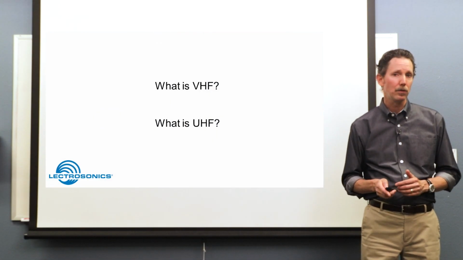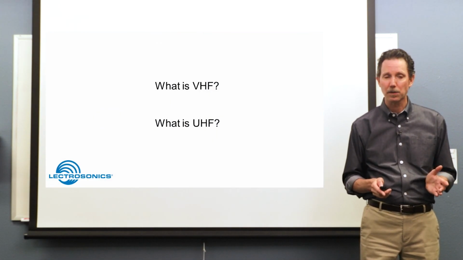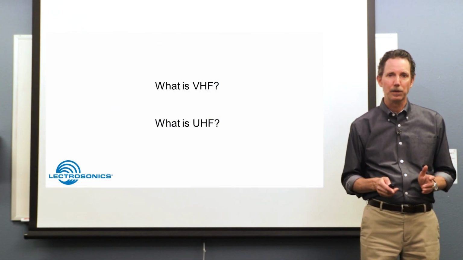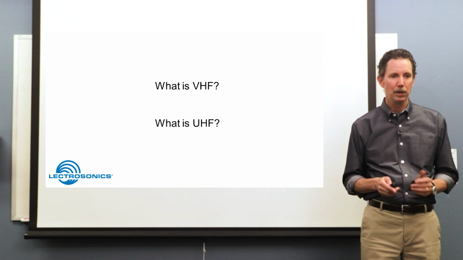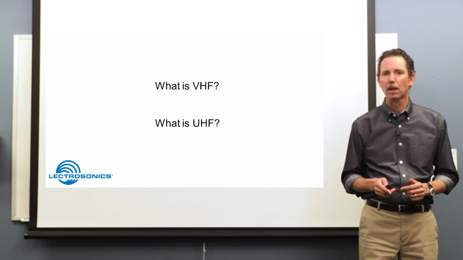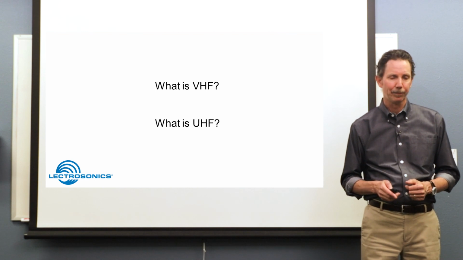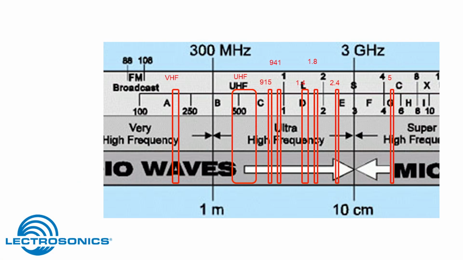So what is VHF and what is UHF? Well, you probably already figured this out, that VHF is very high frequency, so-called, and UHF is ultra high frequency. So where do these fit in? This chart shows you that VHF is above FM radio.